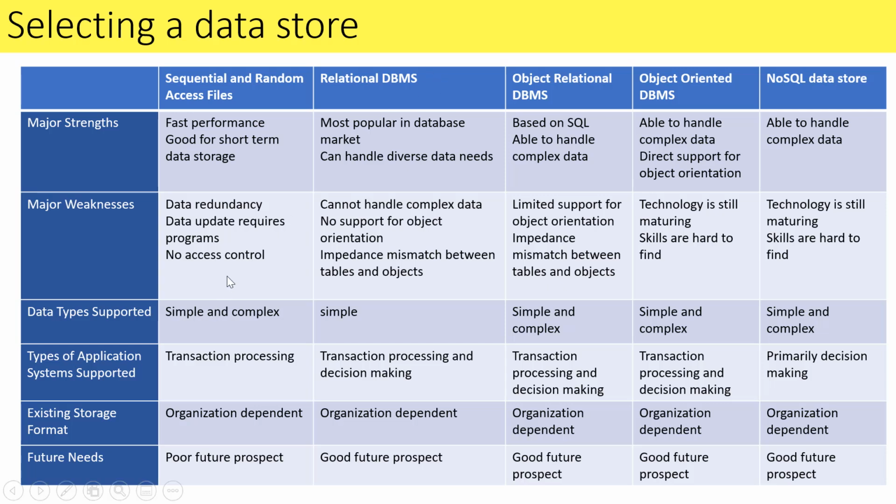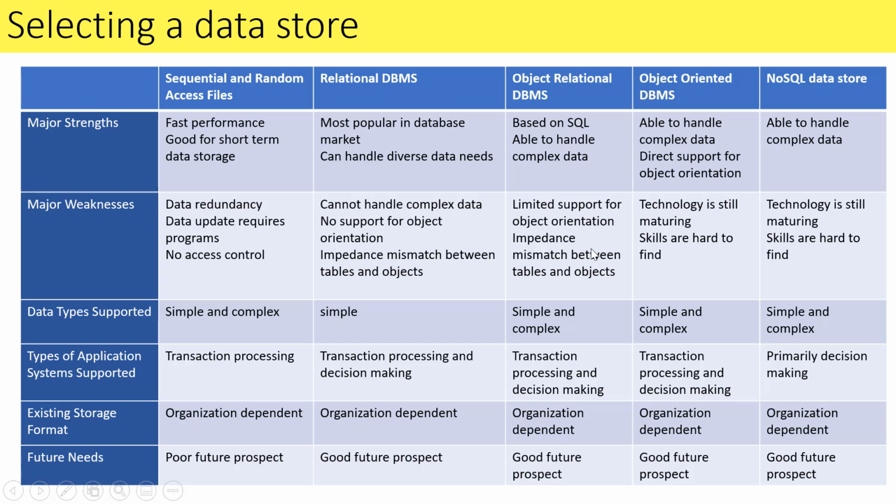So what are the weaknesses of each of these systems? With the file system, you create a lot of data redundancies. Relational database management system, if you want to have a very complex data structure, may not operate very efficiently.